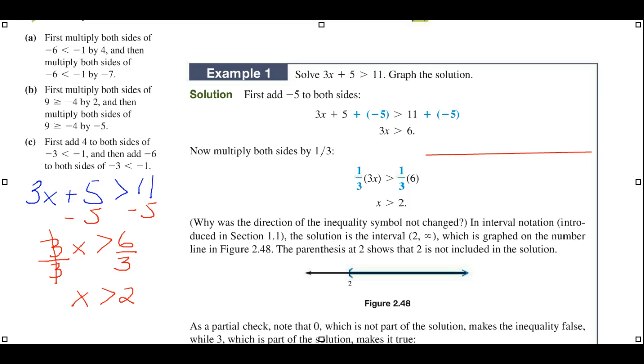And when we do a graph, we take the number that we're interested in, in this case it's a 2, and it says here that x is greater than 2.